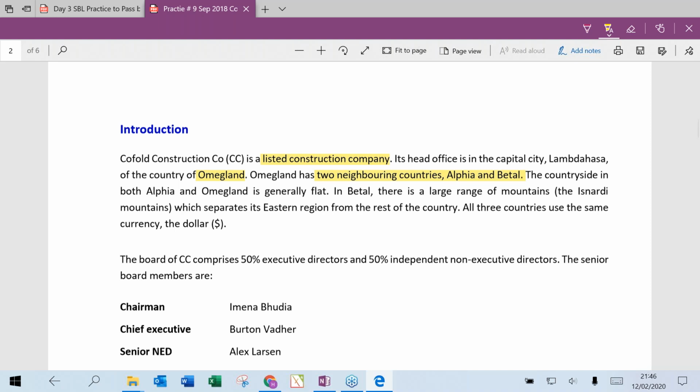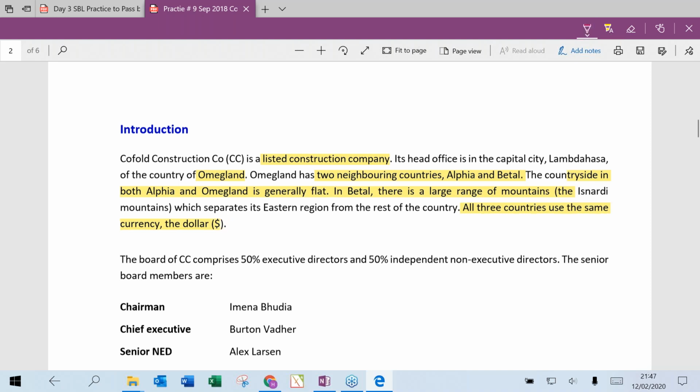The countryside in Alfia and Omegland is generally flat. In Beetle, there are large mountains which separate its eastern region from the rest of the country. I don't know what kind of information this is. All three countries use the same currency.